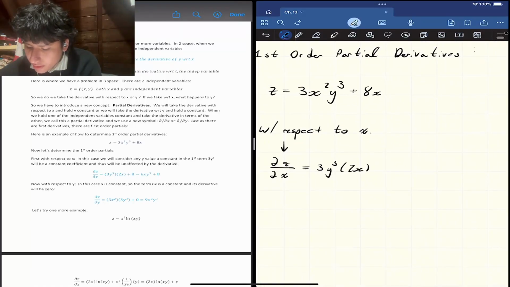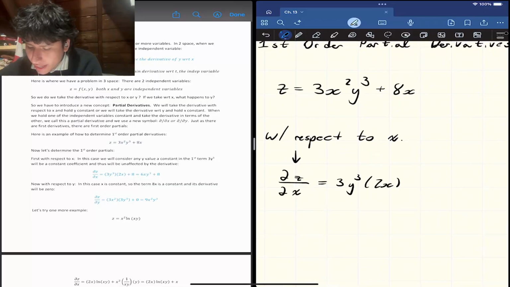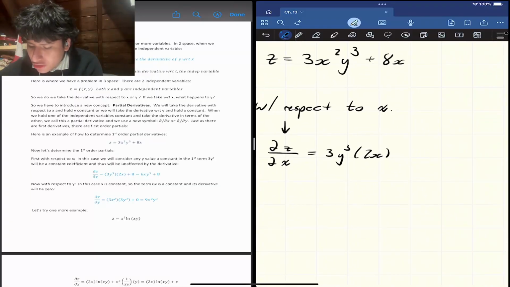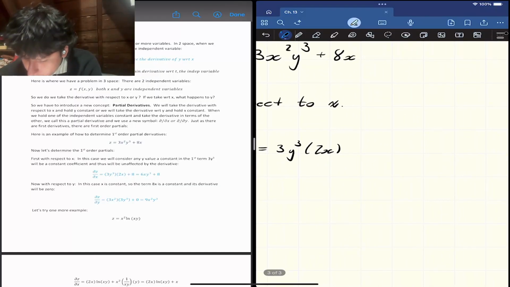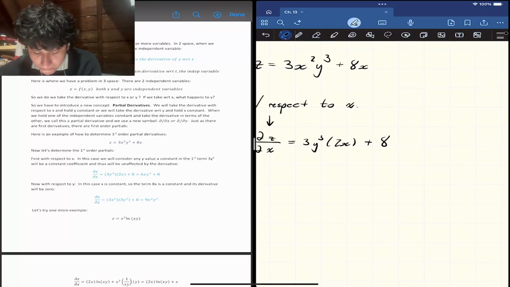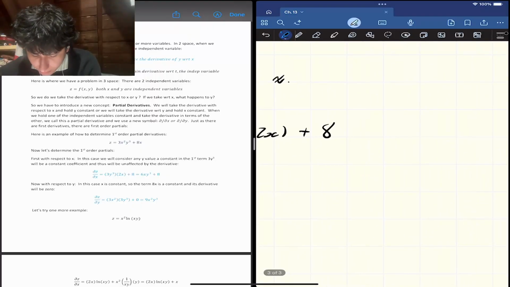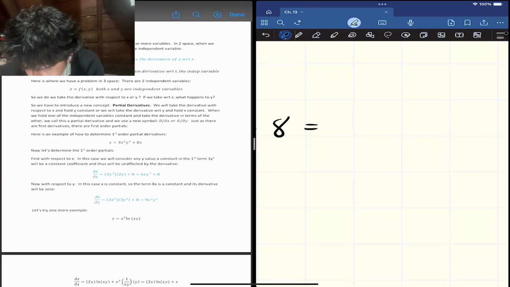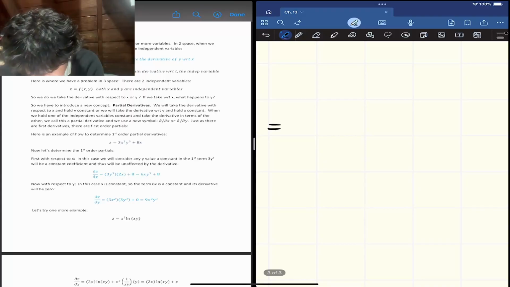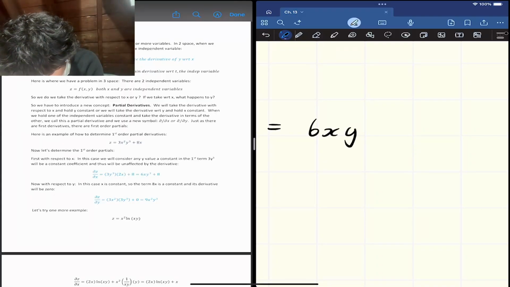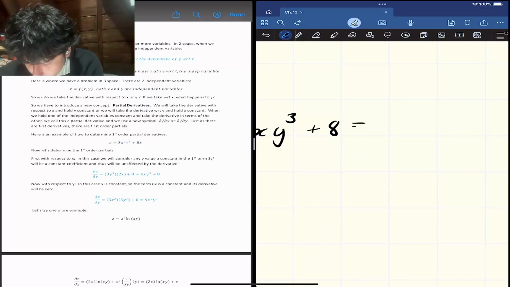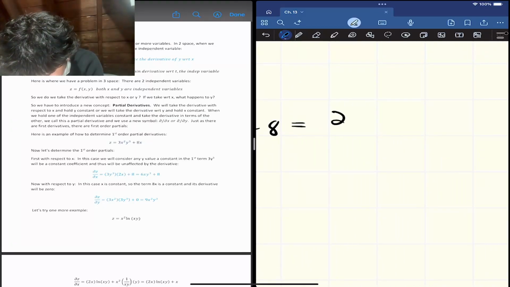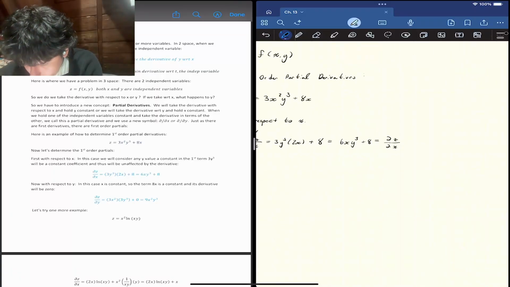We're removing this from the x squared, and then we're differentiating that x squared. And here we get 2x plus, of course, 8, because the derivative of 8x is just 8. Simplifying, we get that 6x y cubed plus 8 is the first order partial with respect to x. That's good.